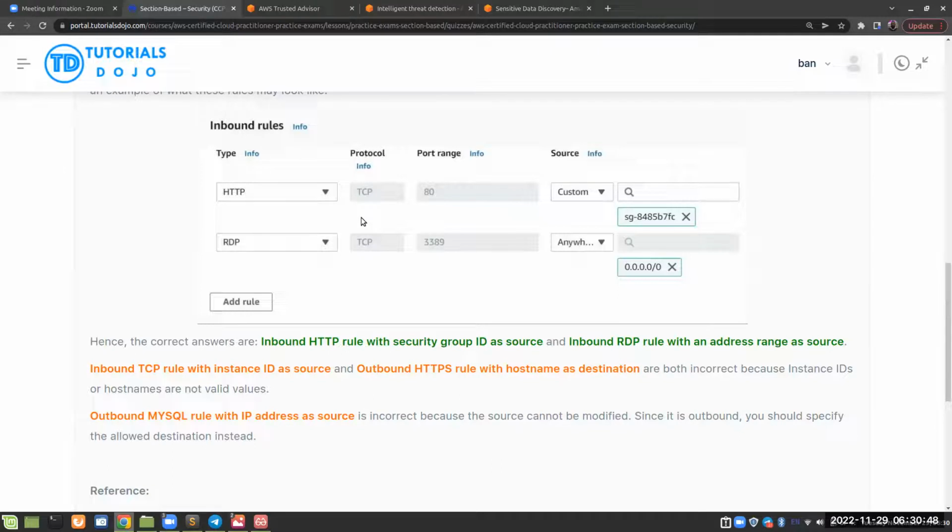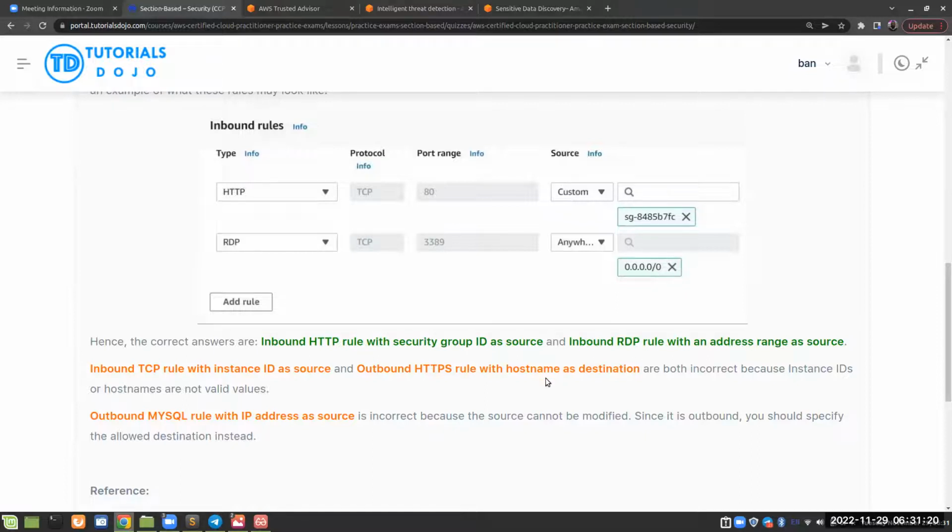More of that can be covered later in our subsequent course. But always remember that source can be a security group ID, or it can be an address range. When you see 0.0.0.0/0, that means any IP address. This always represents any IP address. So just keep that in mind when you see this.